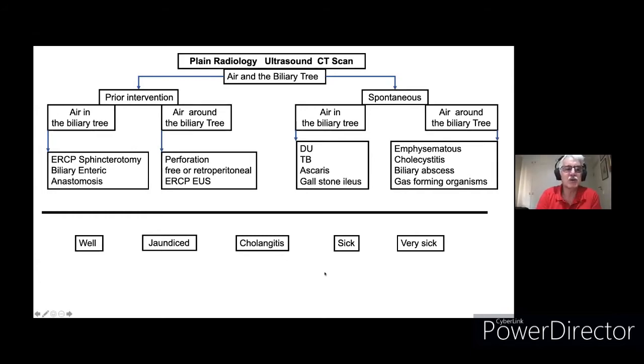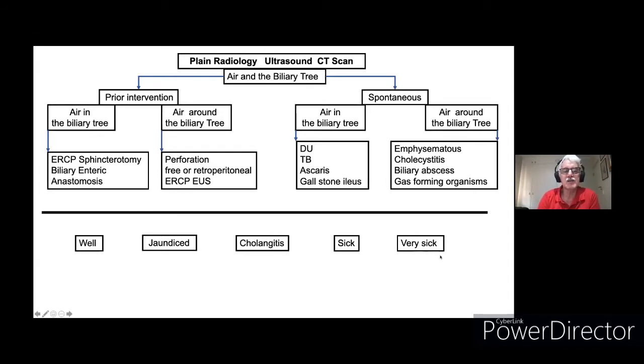I'm not exactly sure how far we got, but basically I was trying to emphasize that we need to think about prior intervention when we've done ERCP or when we've done biliary enteric anastomosis. And then obviously there can be the iatrogenic problems around perforation, either into the retroperitoneum or free perforation into the abdominal cavity.